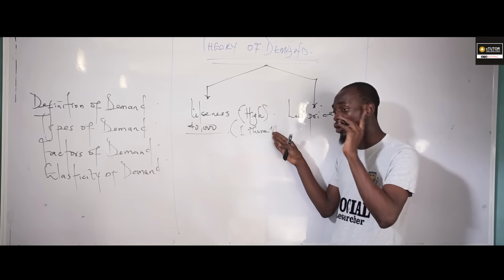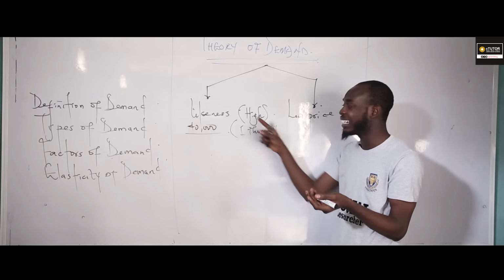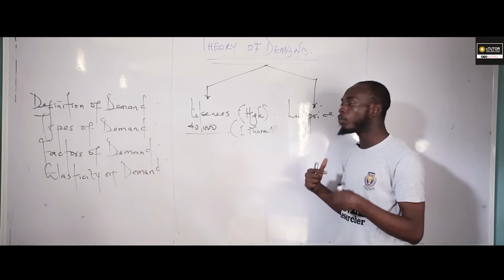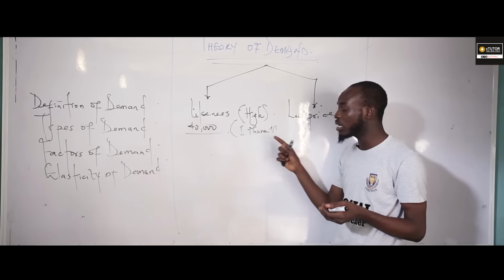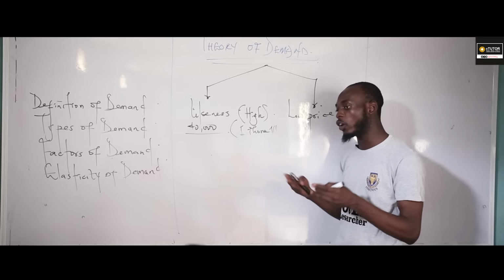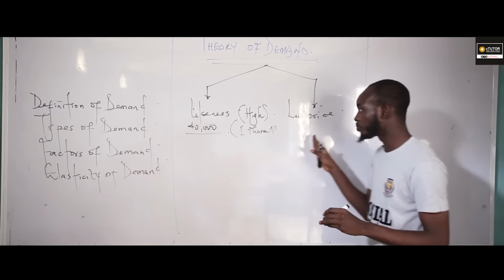But based on the fact that he loves the commodity, he will have to contribute maybe for a year or 2 years before he can purchase it. So that's the first thing.